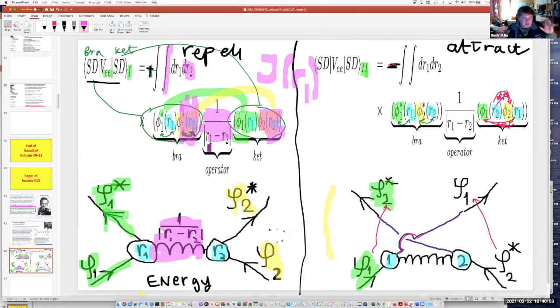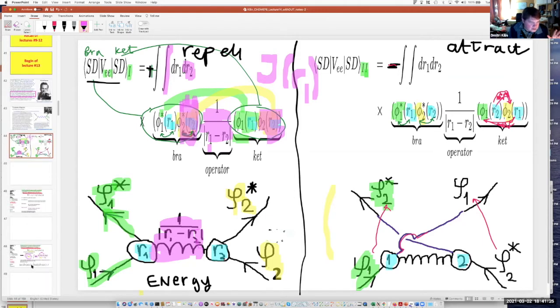It implies that we need to have at least two electrons. And I want to solve the equation only for one electron. So I need to do something with the second one. I need to remove it or make an average over the second electron. So if I take this purple stuff, I will remove the second electron and make an equation that will act only on the first one.